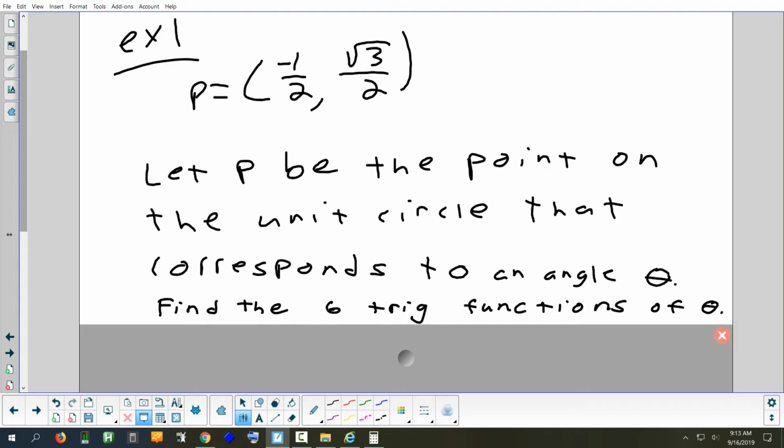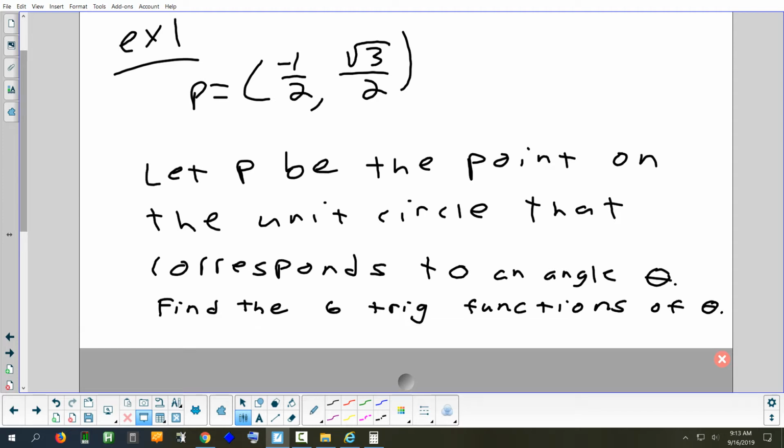All that I'm interested in is finding the 6 trig functions of that angle. At first, some people get a little confused because they're like, well, how can you find the trig functions of that angle when you don't even know what the angle is? And you're never going to know what the angle is in this problem. It's kind of like if you saw somebody that you didn't know, you don't know their name, and describing a bunch of things about them.